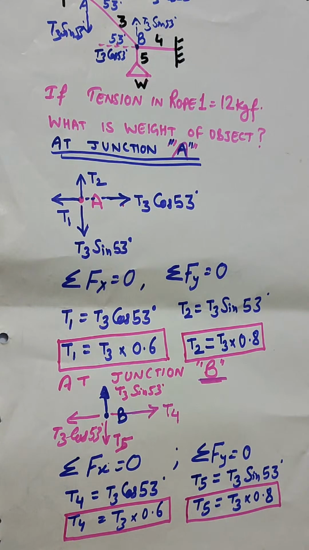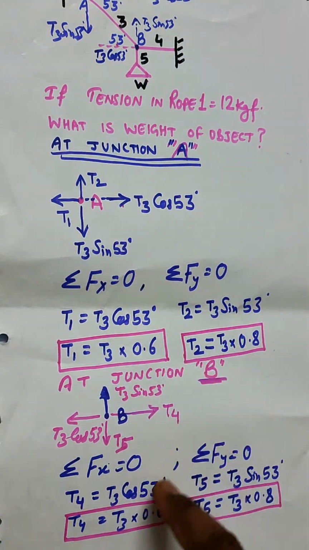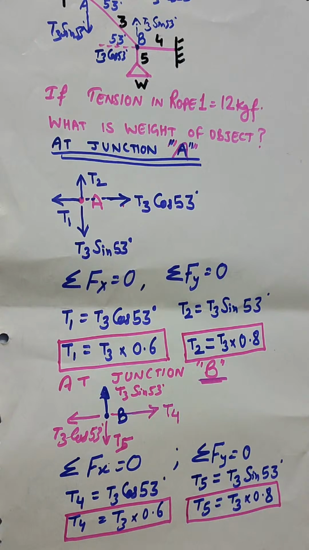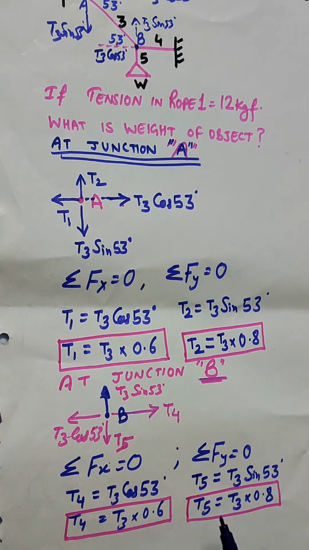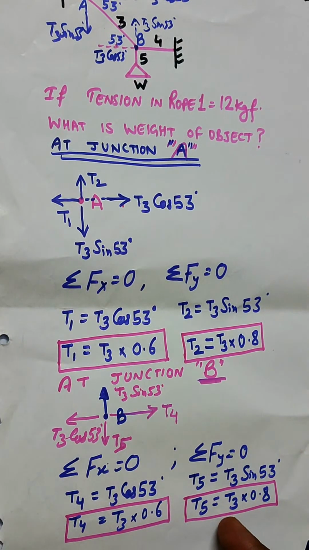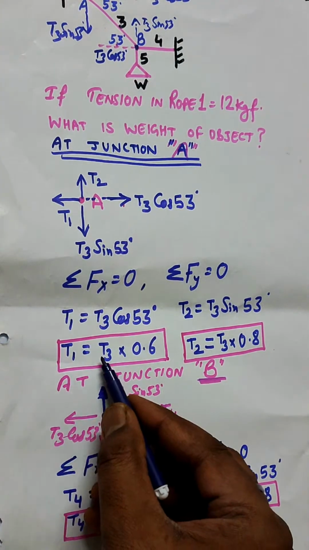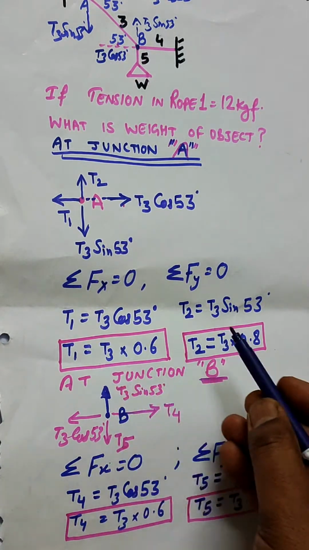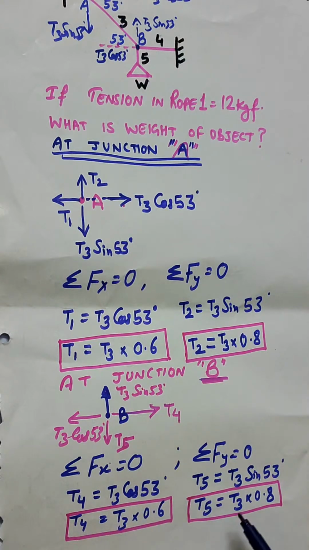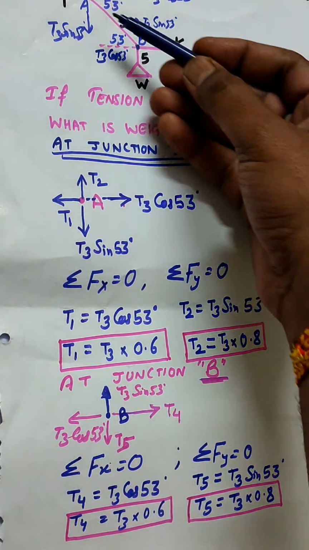Now we have four equations, 1, 2, 3, 4. We'll just solve them. T1, T2, T3, T4 and T5 are all the components of forces or tensions acting in these different ropes.